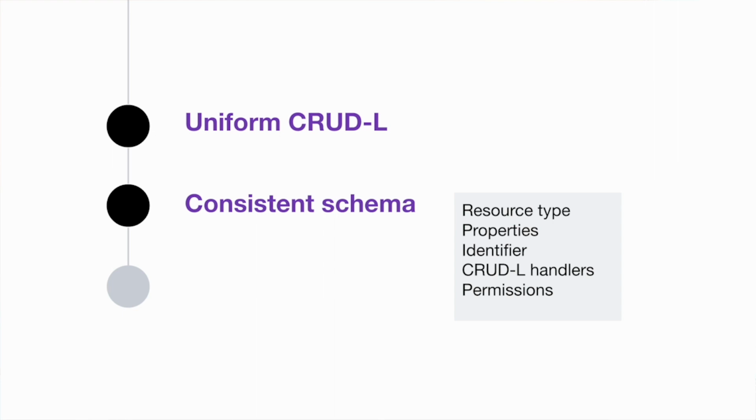So it also means that I don't have to inspect the resources for each of the AWS services individually to make sense of their schema. I can just go to one location.